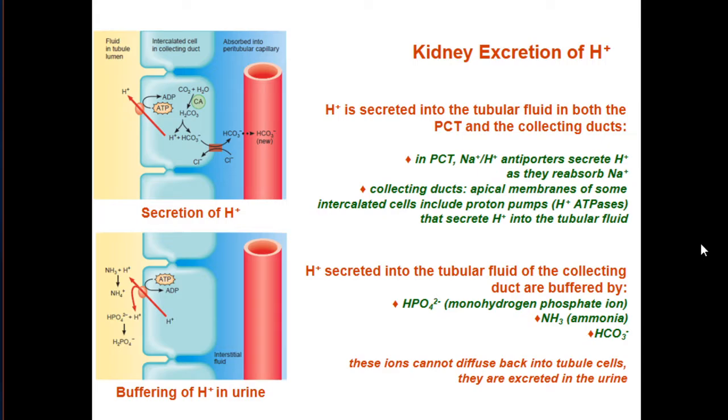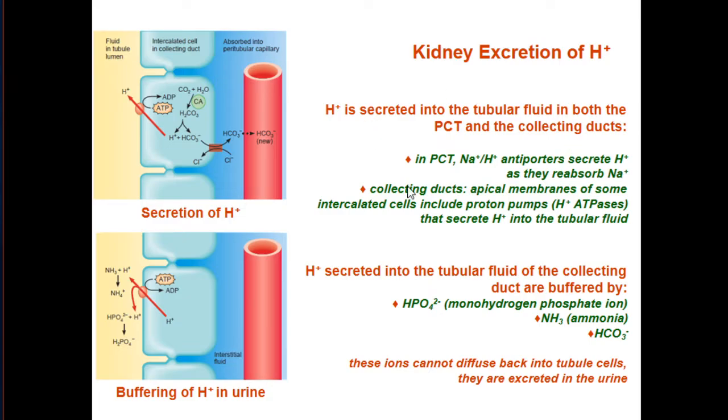So how do the kidneys control excretion of hydrogen? Here you have the scheme which illustrates the secretion of hydrogen. Here you have the tubular lumen, the blood vessel, and intercalated cells in the collecting ducts. Hydrogen is secreted into the tubular fluid in both the PCT and collecting ducts.